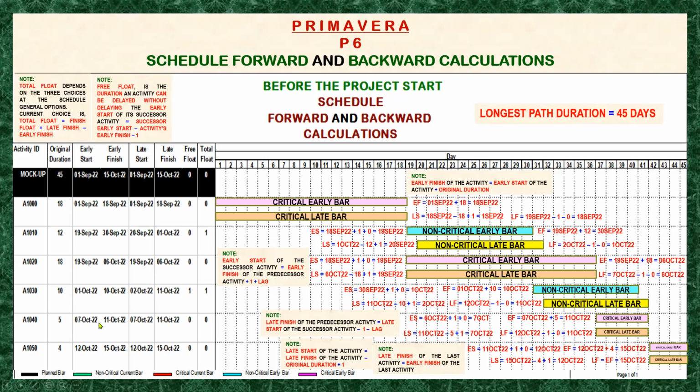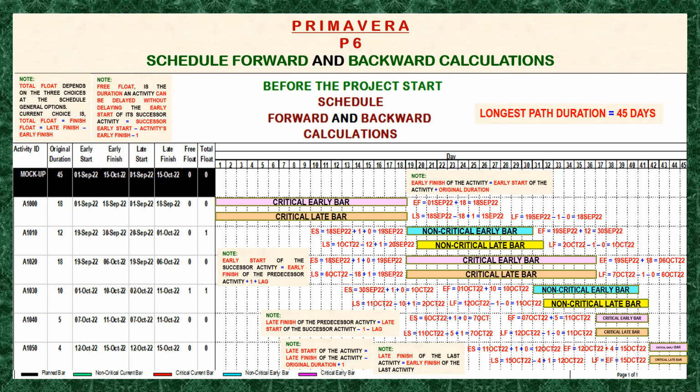So that means 11 of October is the free float, where this activity A1030 can slip without affecting the start of its successor. Okay, I think this is fair enough.